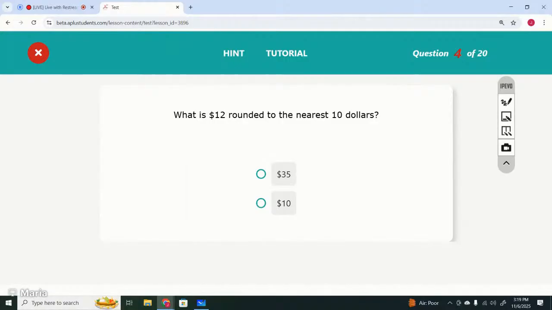Very good. That is $10. Option number 2 is the correct option. $10 it is.